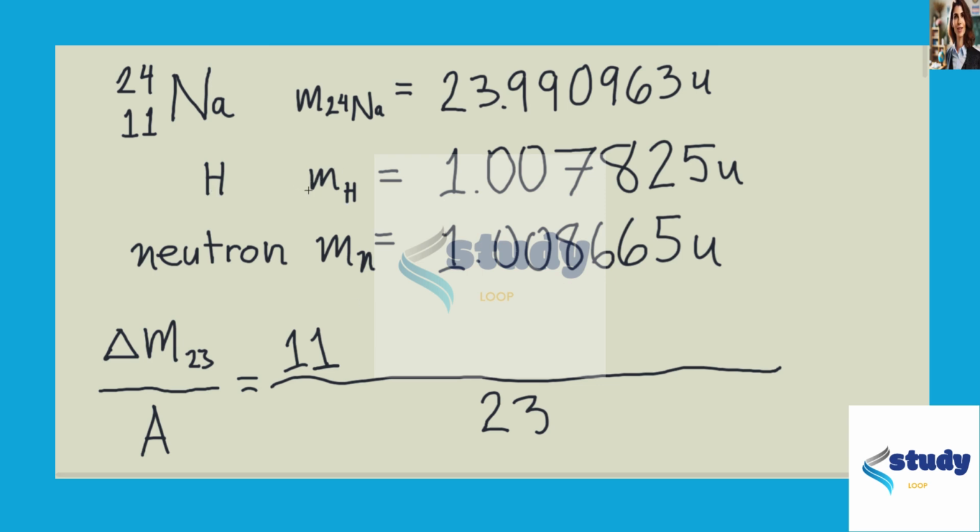I'm multiplying by the mass of hydrogen because hydrogen atoms include those electrons that we need to account for. So 11 times the mass of hydrogen plus the mass of 12 neutrons.